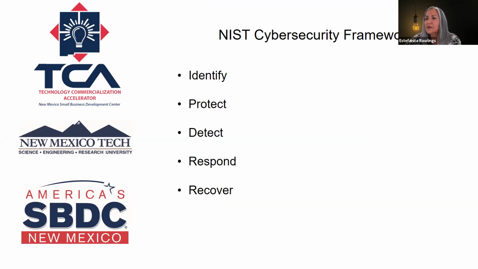So it's based on standards, guidelines, and practices to help organizations better manage and reduce cybersecurity risk. It fosters cybersecurity risk management and related communications, both internal and external stakeholders, and for large organizations. The framework is organized by 5 key functions: identify, protect, detect, respond, and recover.